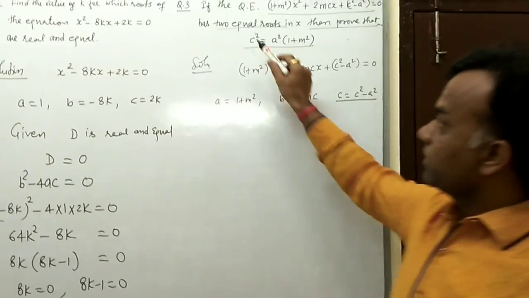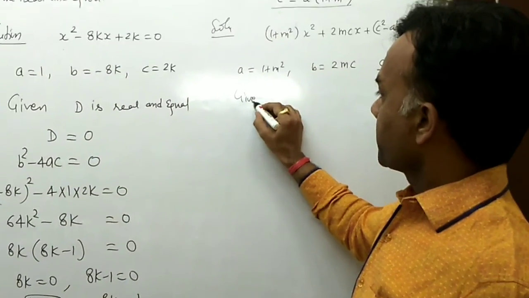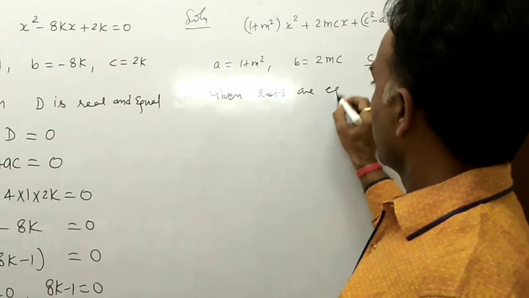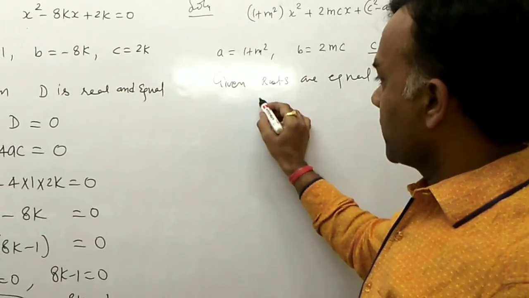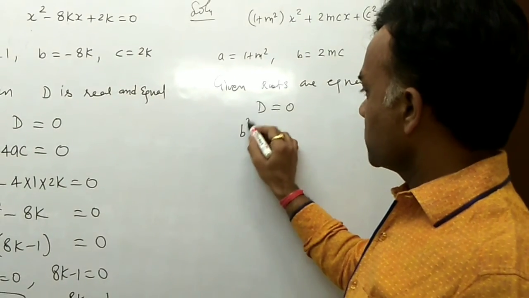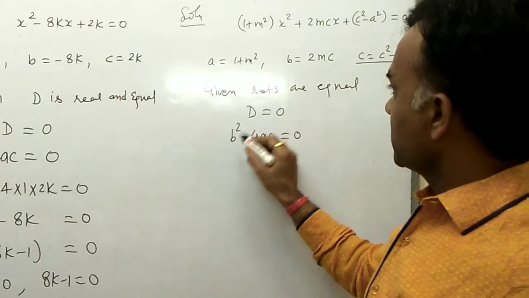Now the condition is given that the roots are equal. If roots are equal, then we know that D equal to 0. D equal to 0 means b square minus 4ac equal to 0. So what is the value of b?